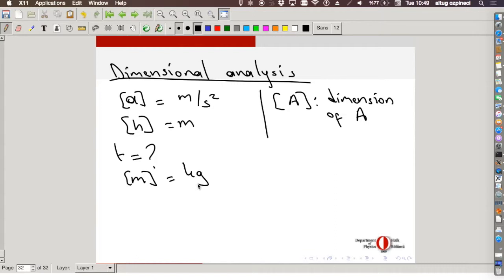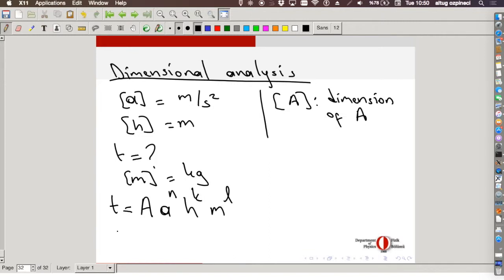Now we know that the time should depend on all of these quantities. It can be some dimensionless constant times a to the power n, h to the power k, m to the power l.